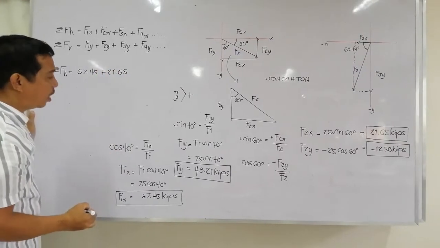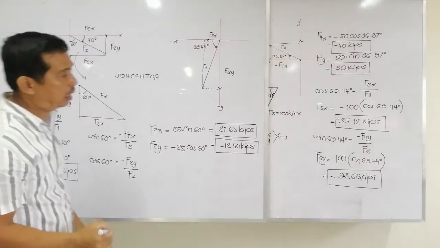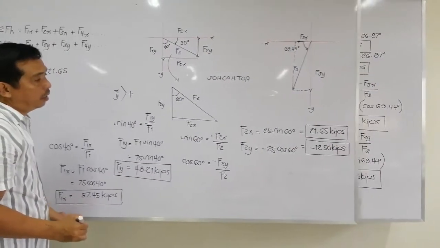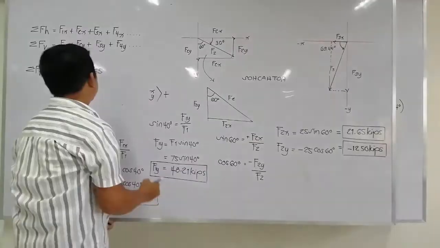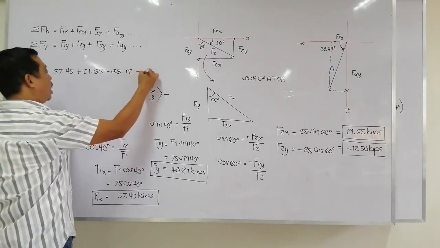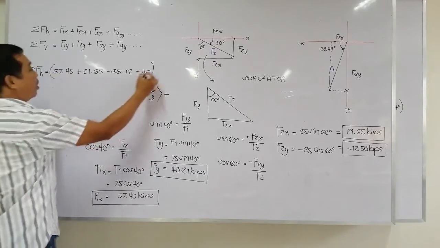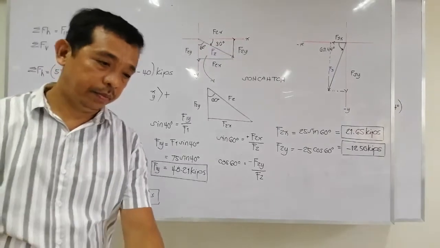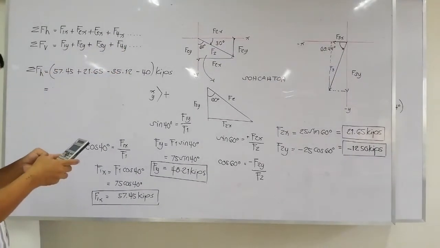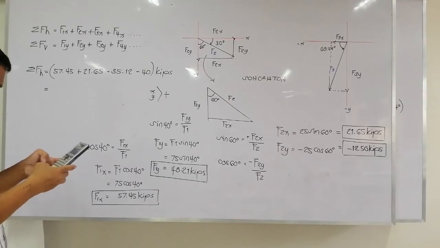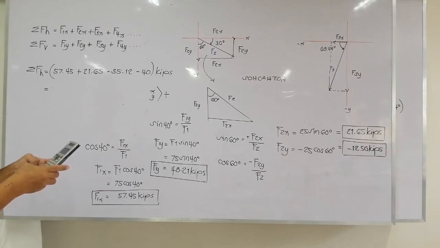Then your F3X is negative 35.12, and negative 40, all having a unit of kips. Summing all up, say 57.45 plus 21.65 plus 35.12.